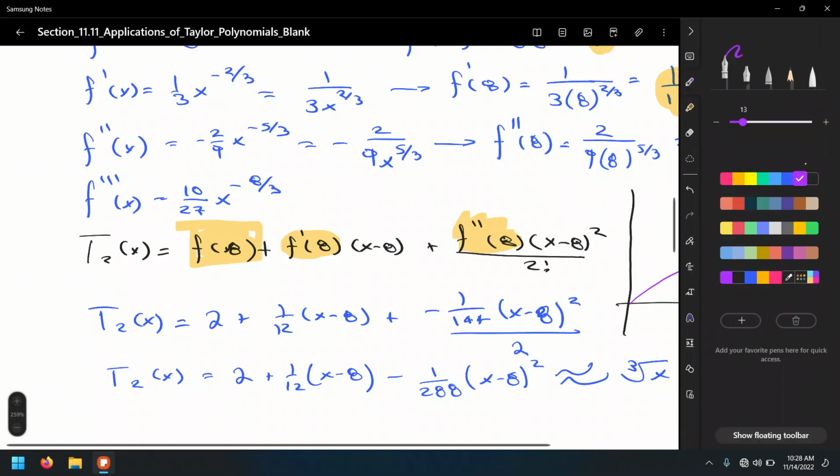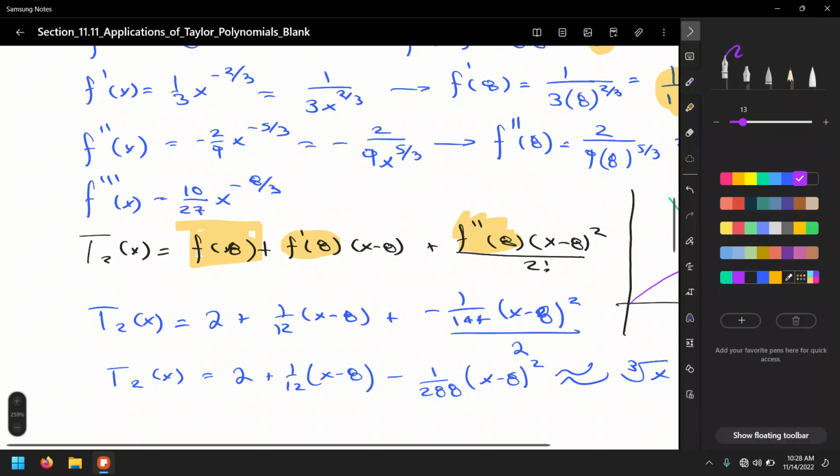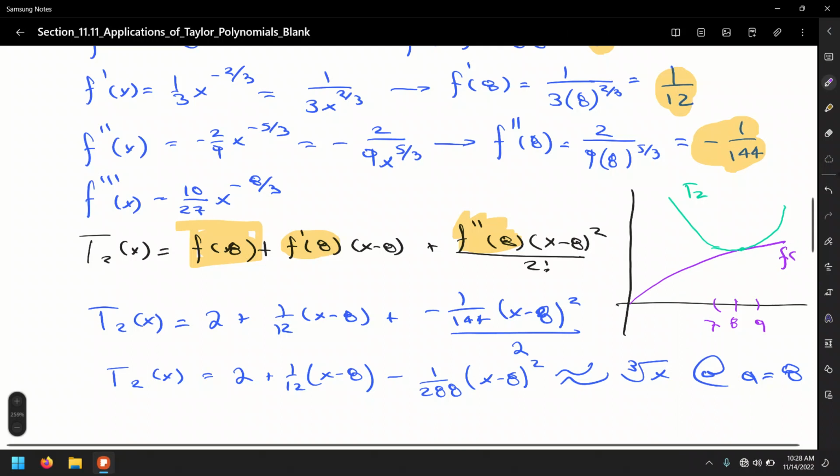And for example, here we're going to have our approximation at this point. So suppose this is our polynomial approximation T. Let me label it as T2, and let me label the other one as our f of x, in this case the cube root of x.